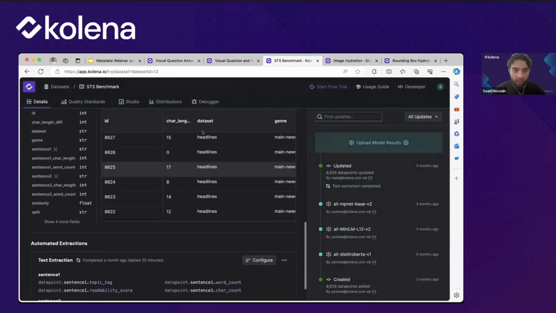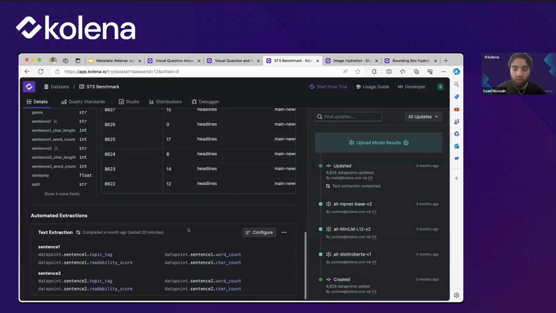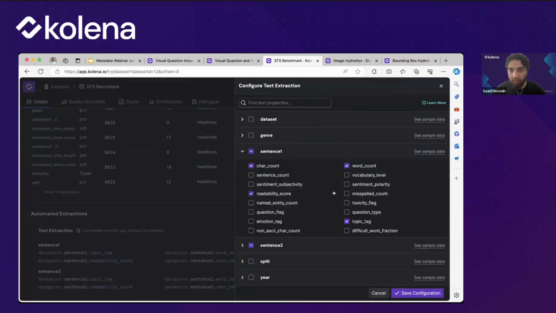So if we were to look at an example quickly, you're looking at this sentence, "South Korea declares end to MERS outbreak," and you want to know what emotional connotations are associated with the sentences in this data set. You can go and configure this text extraction and add the emotion tag.